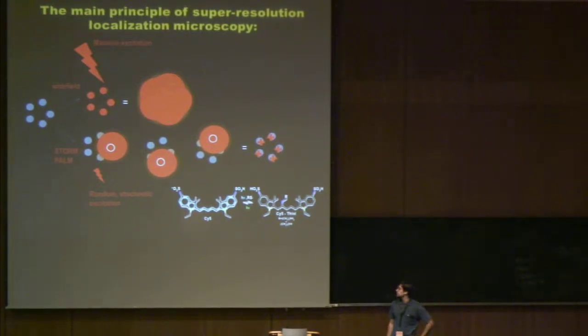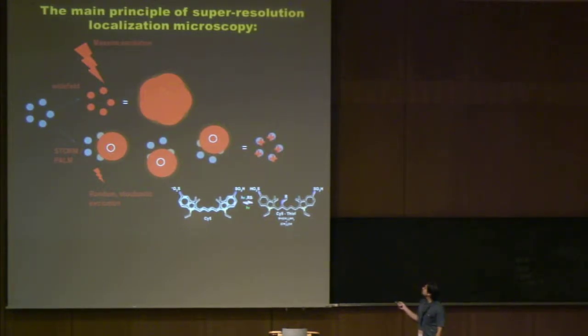What is super resolution microscopy? There are several types of super resolution microscopy, but we used STORM or PALM microscopy. How does it work? You can image your sample by wide field microscope.